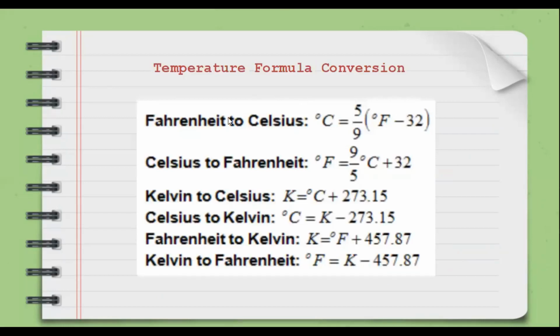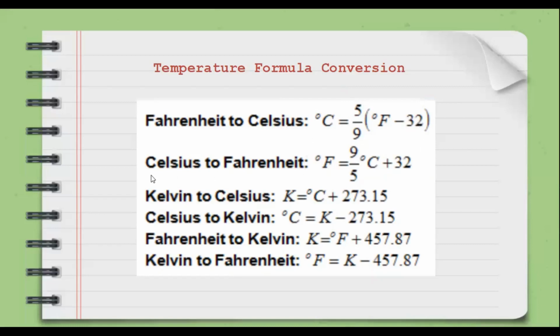These are the following temperature conversion formulas. From Fahrenheit to Celsius, we have the given formula. Degrees C is equal to our constant, which is 5/9, times the degrees F minus 32. So this is the standard formula in converting Fahrenheit to Celsius.